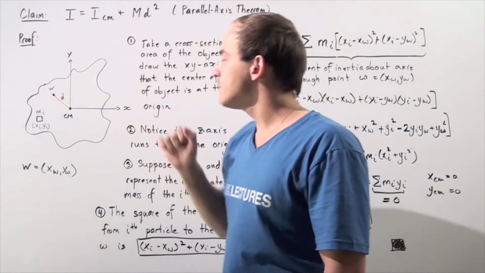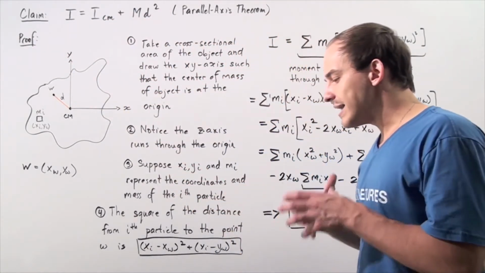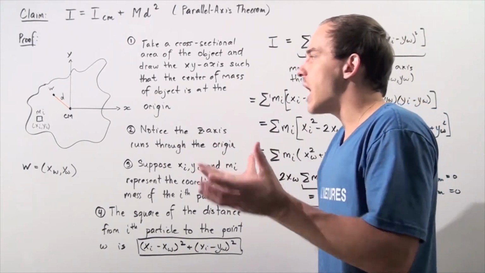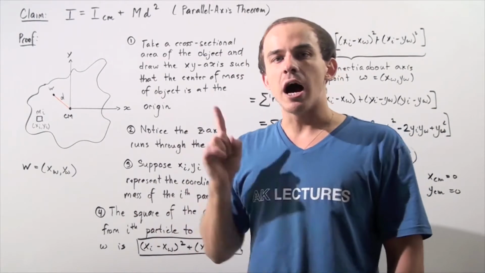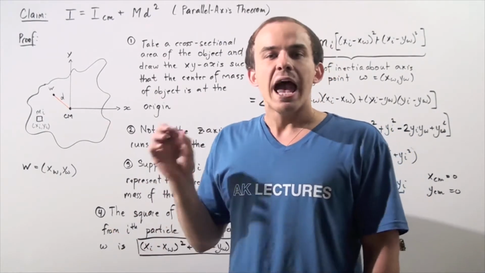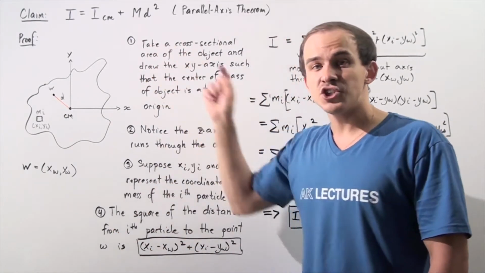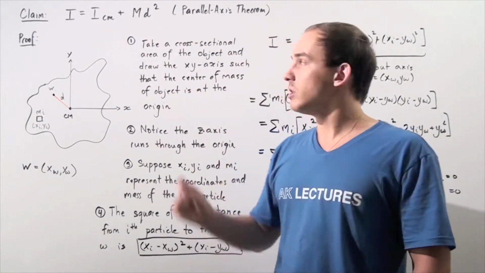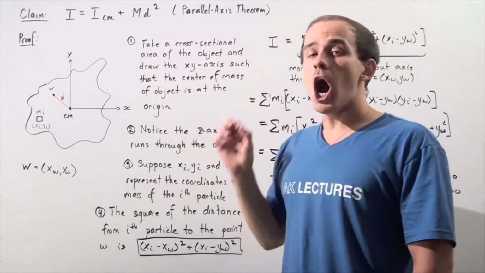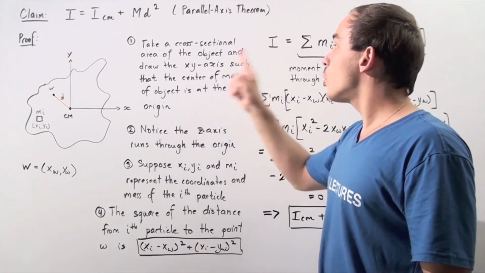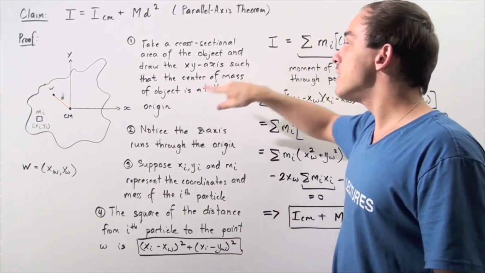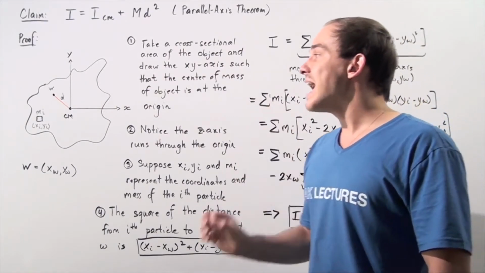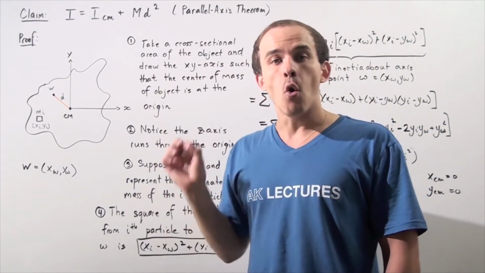So let's begin our proof by taking some randomly shaped object. Suppose we have a three-dimensional object that has some shape, and we take the two-dimensional cross-sectional area of the object and draw the xy plane such that the center of mass of that object lies directly at the origin.